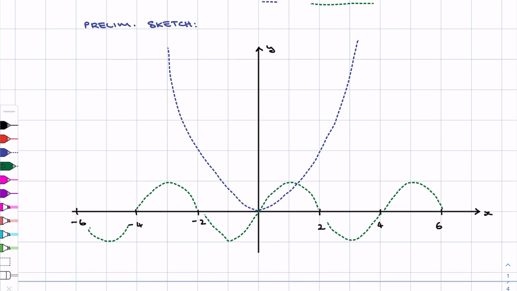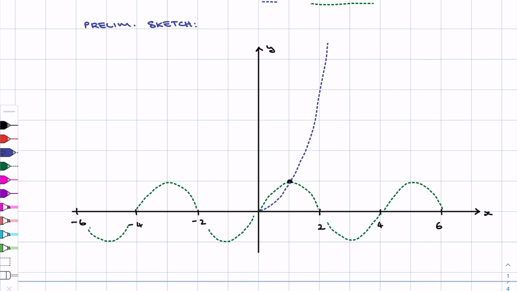Now, I just neatened this up a little bit. Even though it is just a sketch, I'm going to try to get it a little bit correct. I might want to reconsider my sketch of f(x) here, just because f(x) should be going through the point (1, 1). So I'm just going to re-sketch this function of f(x).